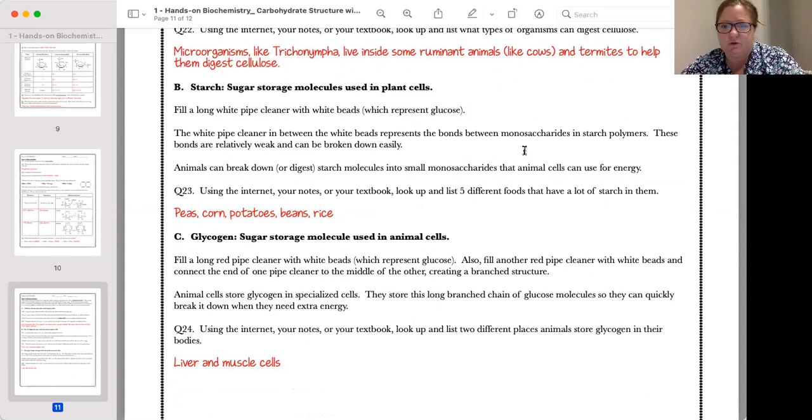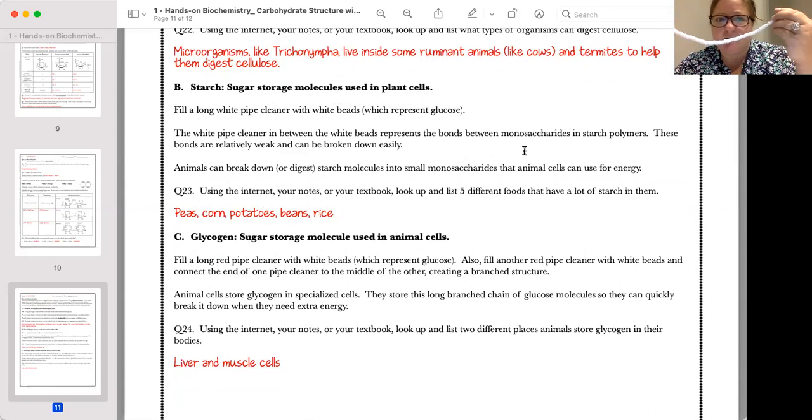Okay, so to recap on carbohydrates, carbohydrates are made of monomers called monosaccharides. This monosaccharide is called glucose. Glucose can go together in long chains called polysaccharides, which is a long chain of many sugars.